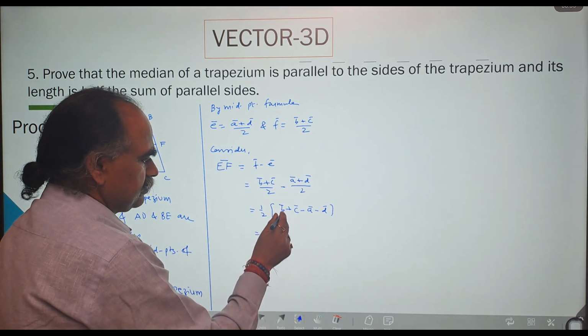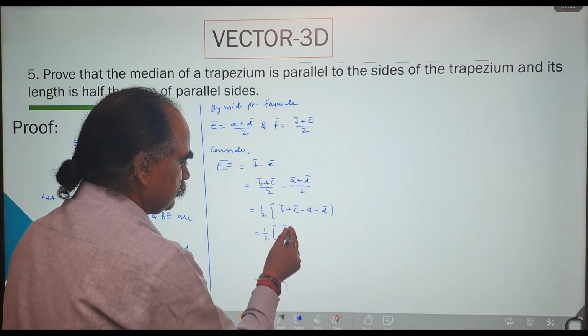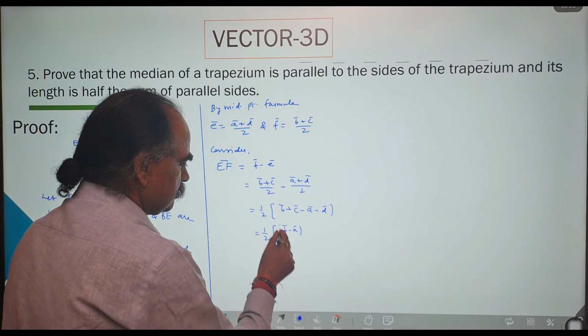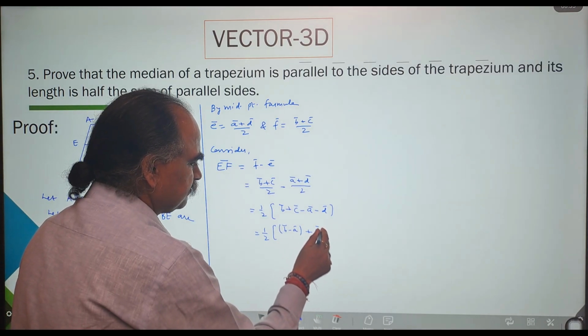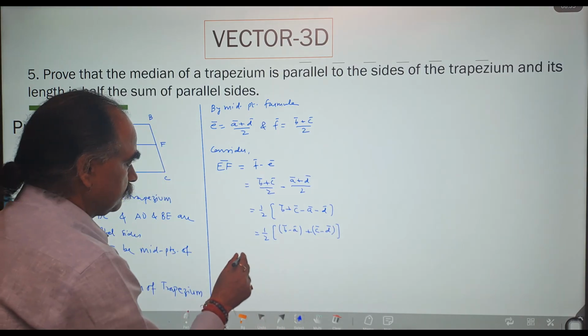Half, B bar minus A bar we'll take together, plus C bar minus D bar together.